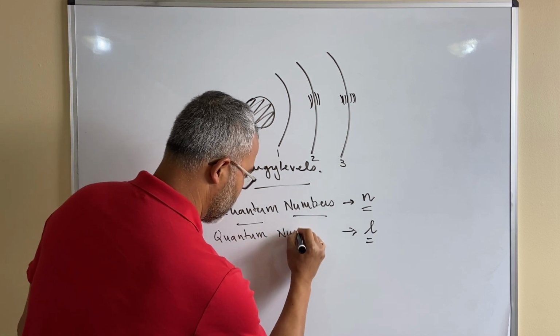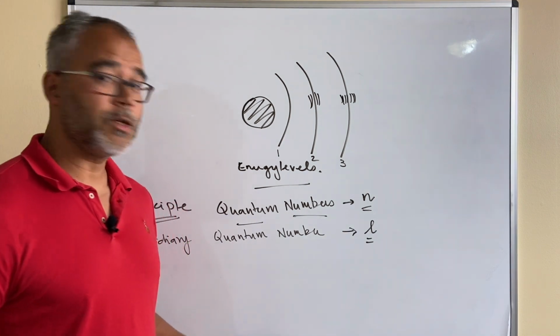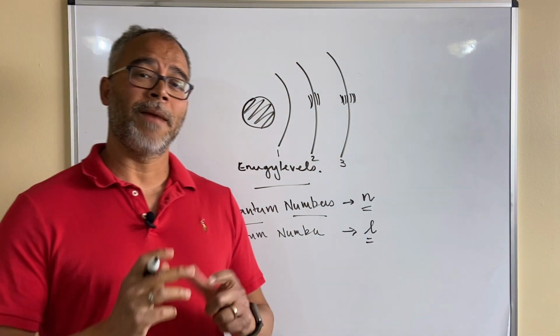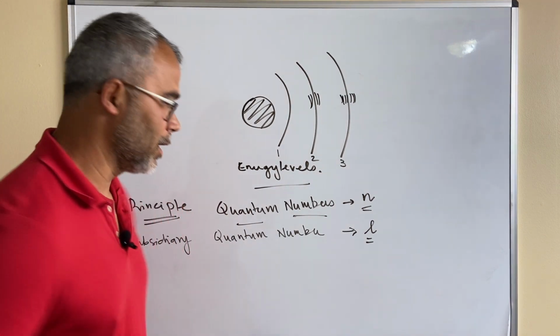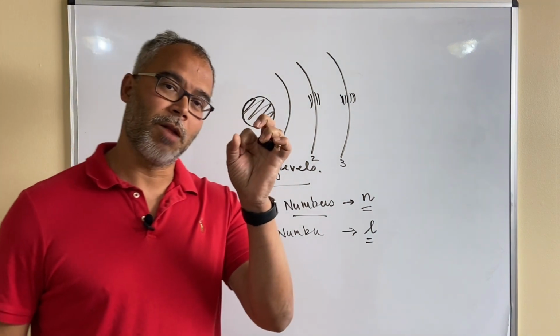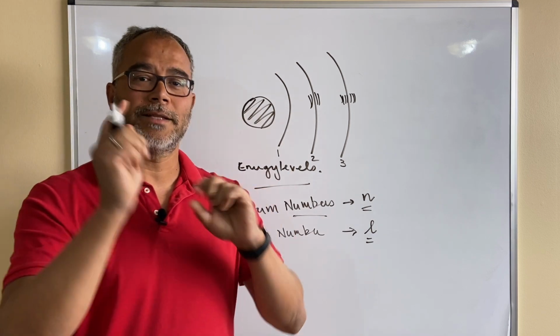quantum number. And then there are two more quantum numbers which talk about the magnetic orientation of the electron and the spin of the electron. Think of an electron as a small particle. It has a certain magnetic field, and it also has a certain spin.